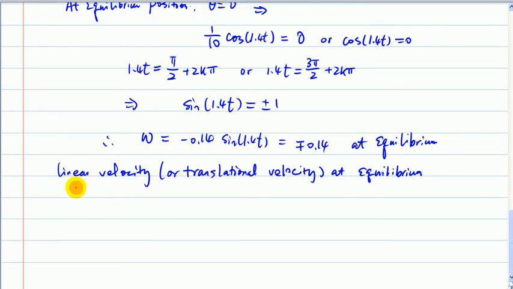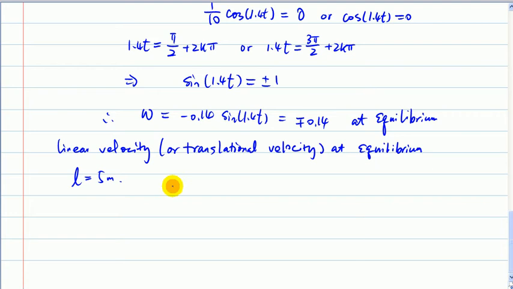Remember the length of the string L is 5 meters. So what's the linear velocity? When you swing through an angle theta, the total displacement s is L multiplied by theta.